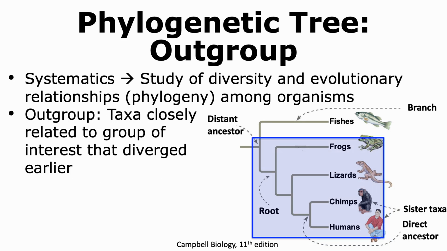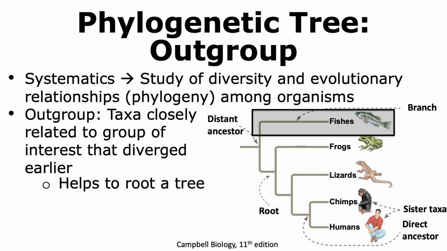Similarly, if our group of interest is the group that includes the frogs, the lizards, the chimps, and the humans, then in this situation, the group of fish serve as the outgroup because they did not arise from the same ancestor that gave rise to the frogs and the lizards and the chimps and the humans.